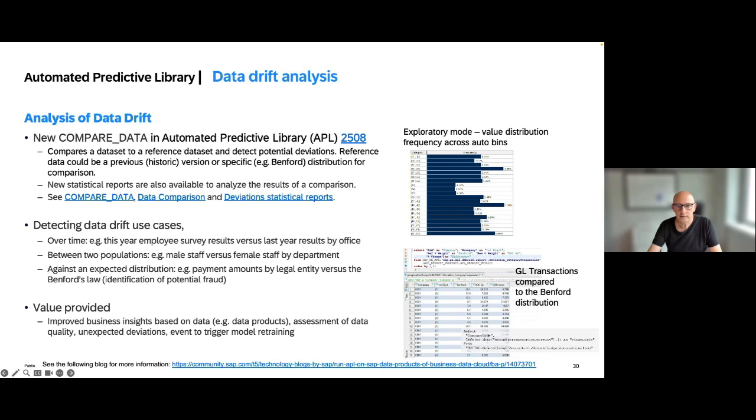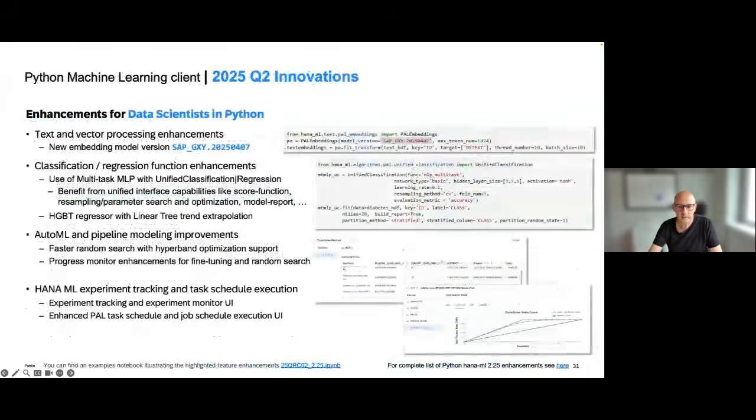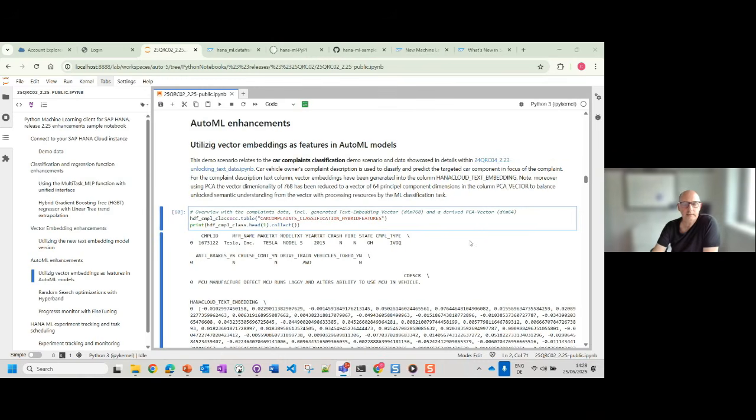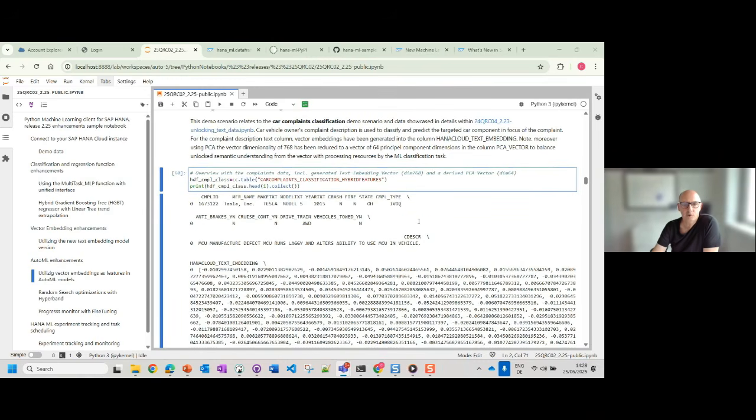Then as a final glimpse into the Python machine learning client and what has been improved there. Again, on our HANA ML samples side, there is this sample notebook with all the features and enhancements summarized with a demo, and one demo I want to specifically showcase here is how the AutoML methods process vector data.